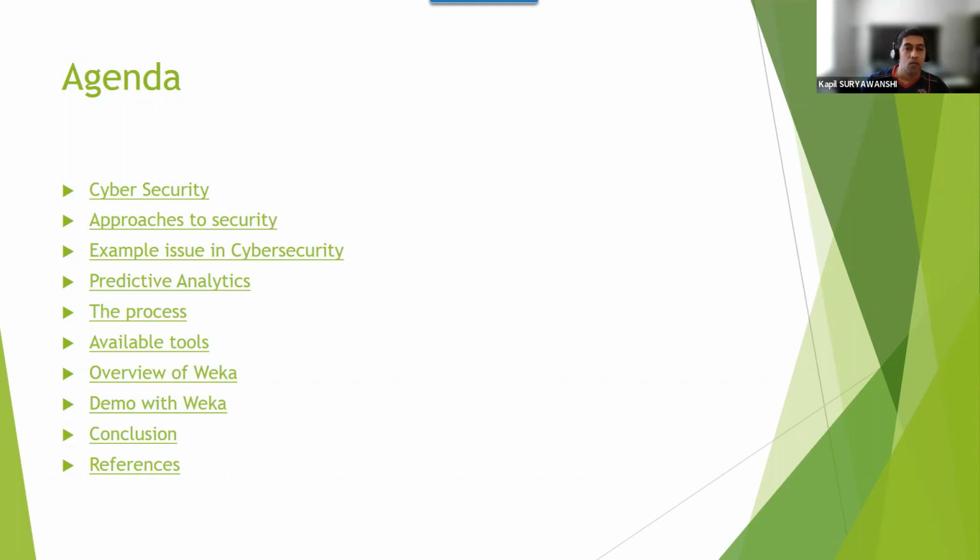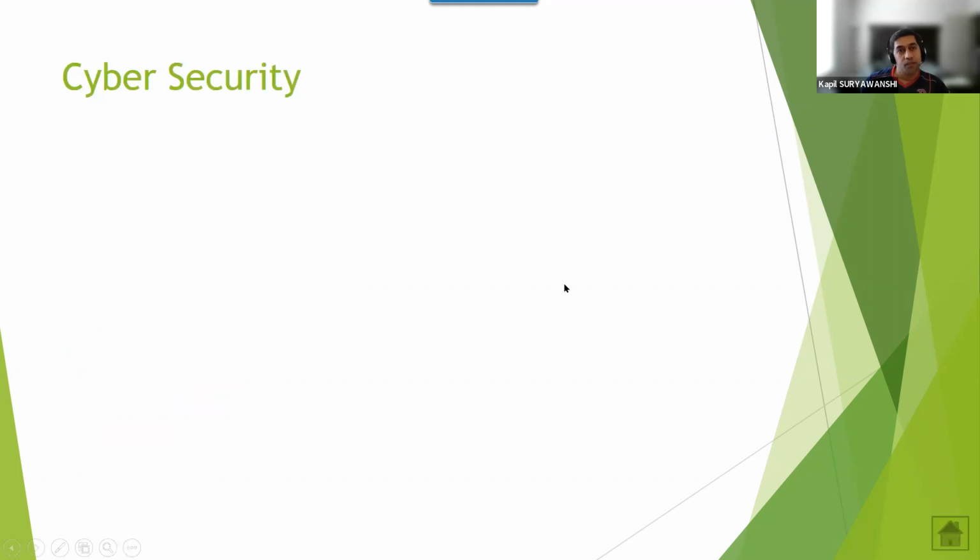We will also choose one of the use cases and run through the tool to understand the overall process of how things are designed to solve using predictive analytics. We'll conclude the presentation with some references. Okay, let us start then.